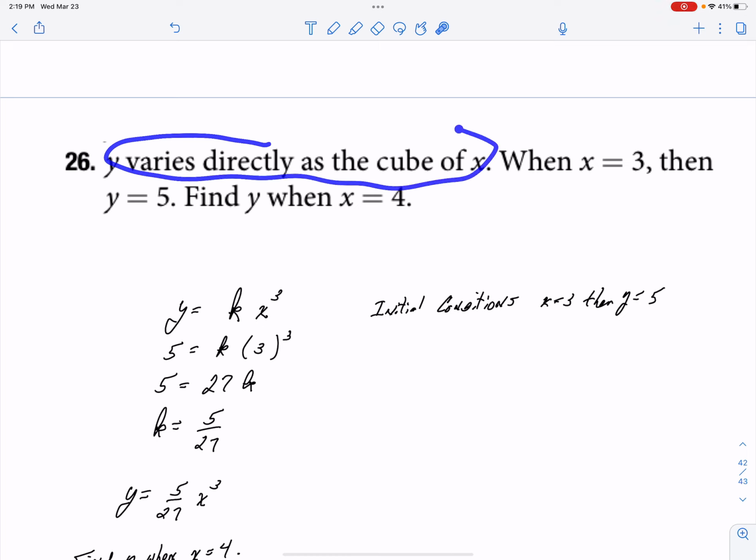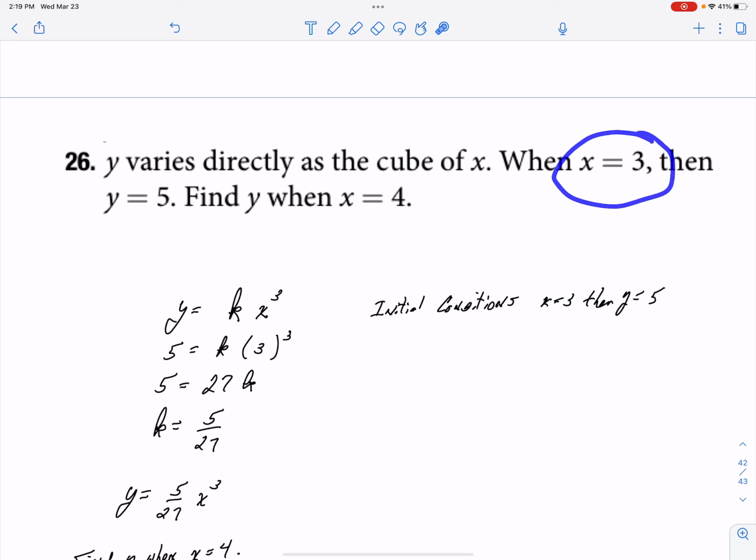That's the way this expression is translated into an equation. Now, they go on to give us what's called initial conditions. They say when x is 3, y has a value of 5. Now, those initial conditions, in fact, allow us to solve for the constant k.